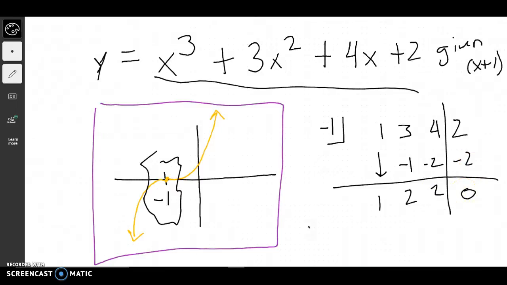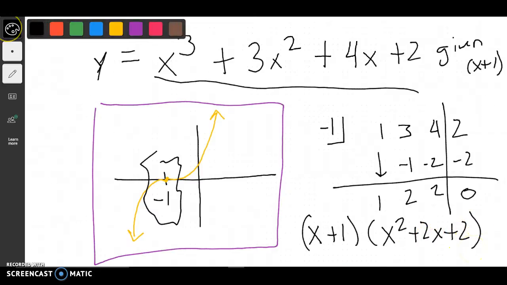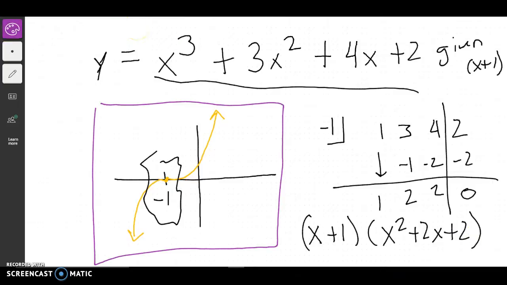And we could see that in factored form, this would be x plus 1, and then x squared plus 2x plus 2. The reason this one doesn't have any more real roots is because this doesn't cross the axis any more times. So this actually doesn't factor. That would be my final answer in factored form.